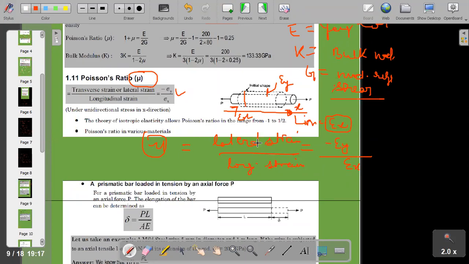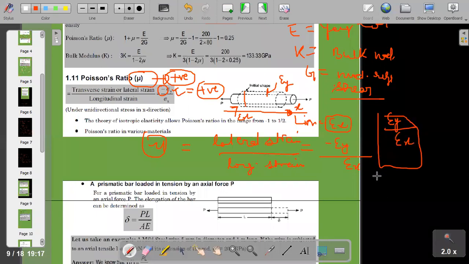Obviously one is increasing and one is decreasing, so to keep Poisson's ratio always positive, you have to multiply with a minus sign, because when one increases the other decreases. Ignore the minus sign, just see sigma y by sigma x, and put the value as positive. Negative sign has to be ignored.